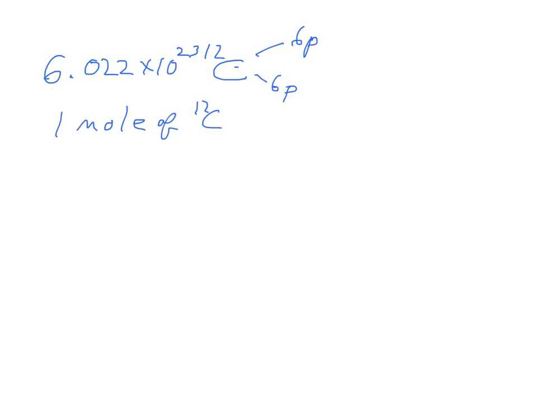And we said that whenever we have 6.022 times 10 to the 23rd protons, we have approximately 1 gram. Whoops, I wrote neutrons twice. I mean protons twice.